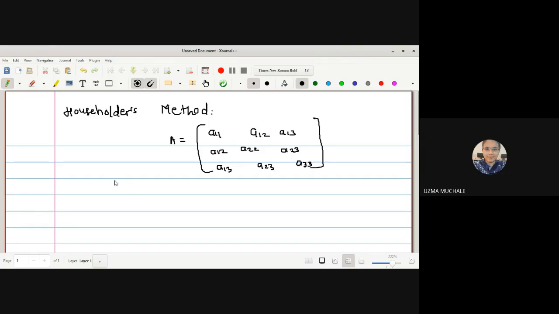Can anyone tell the type of this matrix? Symmetric matrix. Okay, symmetric matrix, right?